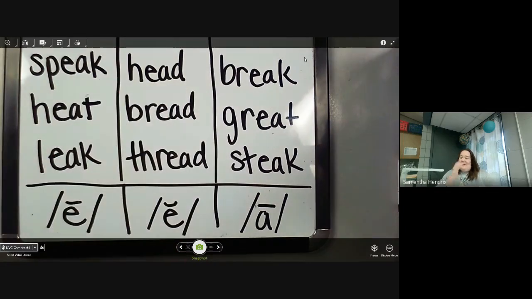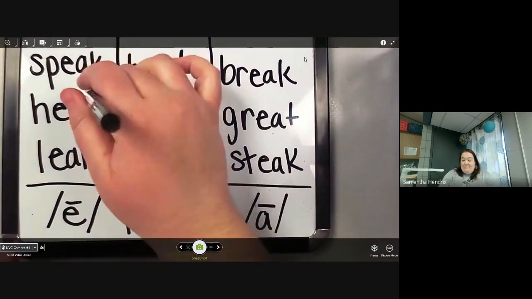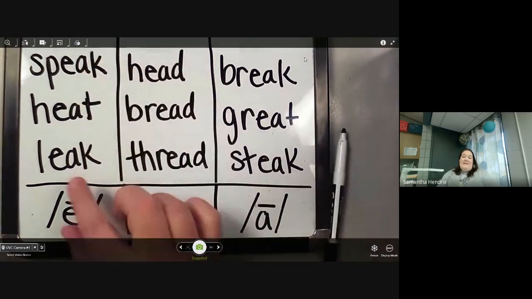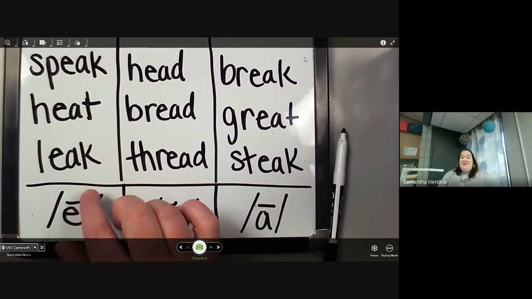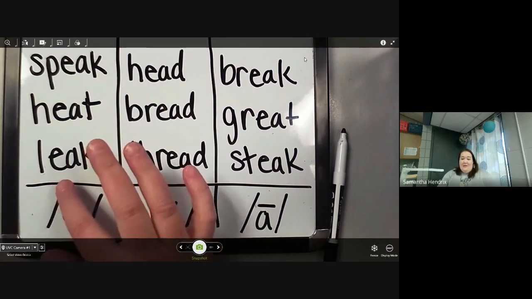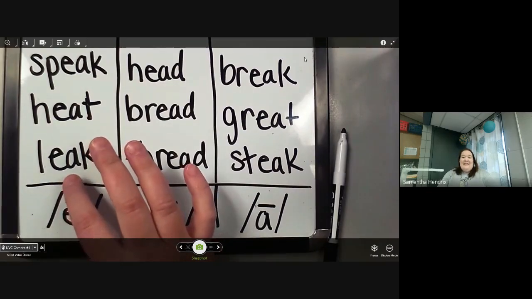And like I said, we'll code in a minute. So that's the good news. This one is used most often, then this one, and this is the least often used, okay? So the only way to know is to try them, okay? If you were to see this word and you're like, okay, digraph EA is going to say E, eh, or A. So leak, lek, or lake.